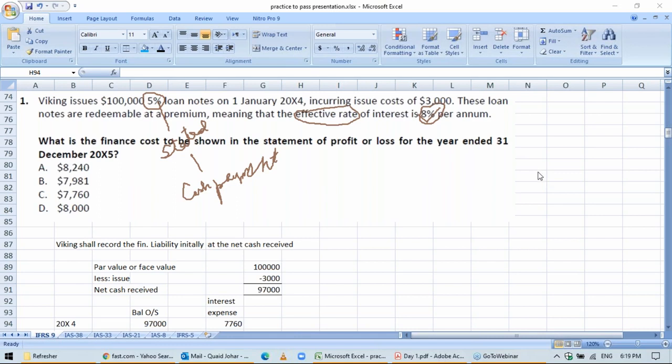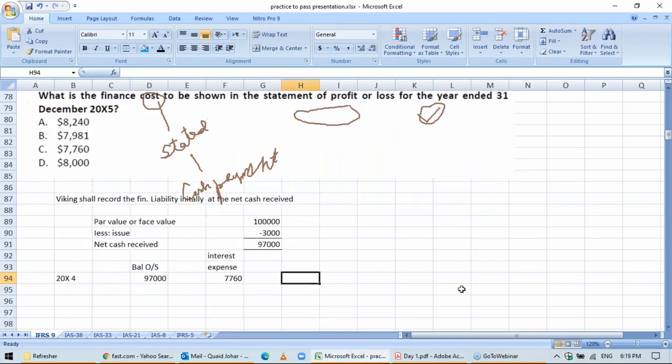So students, let's move ahead. Now what happens is that the interest expense and the interest liability for Viking for the year 2004 is 7,760, which is 8% of 97,000. Now the payment of interest during the year will always be applied to the face value.